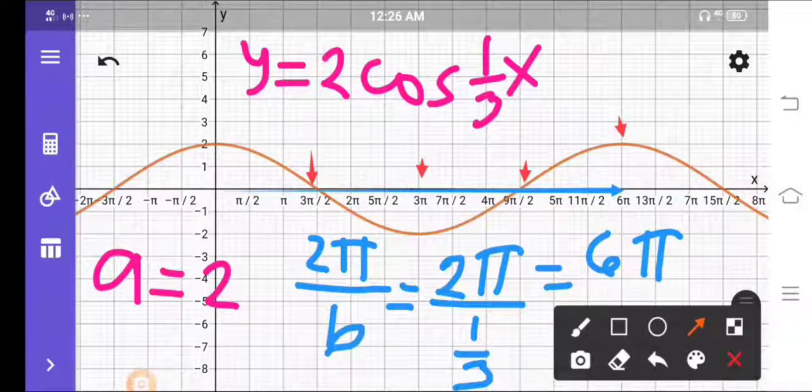If you add 3 pi over 2 and 3 pi over 2, that is 3 pi. Then plus 3 pi over 2 is 9 pi over 2. Then plus 3 pi over 2 is 6 pi.